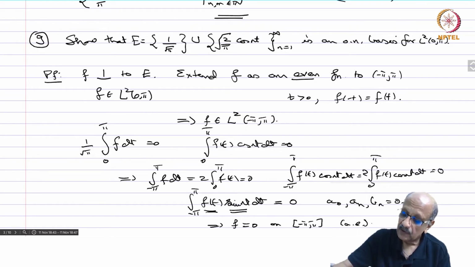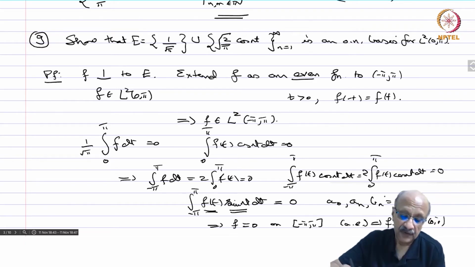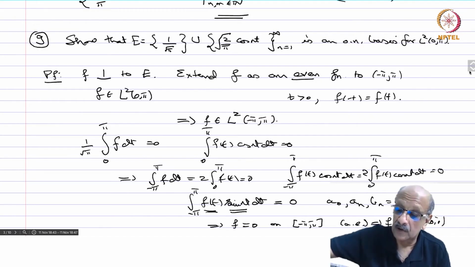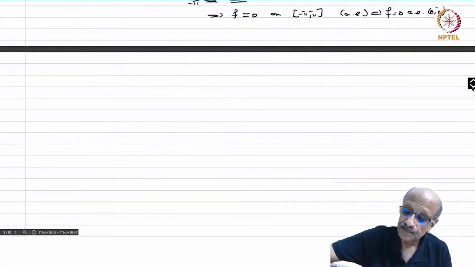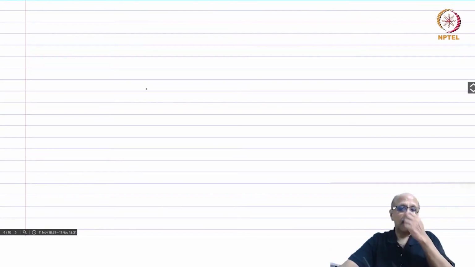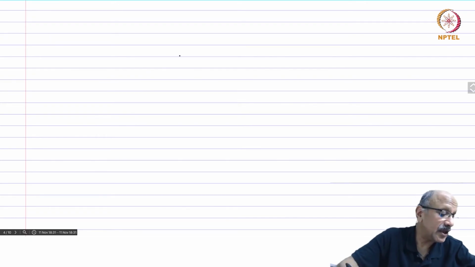Of course, this implies f is 0 almost everywhere on 0 pi, and therefore f is the 0 element of L2. Consequently, this is a complete orthonormal set, or an orthonormal basis. So you can write a Fourier series corresponding to this. You can expand any L2 function in 0 pi in terms of the constant and the cosines, and that's called the Fourier cosine series, just as we had the Fourier sine series.